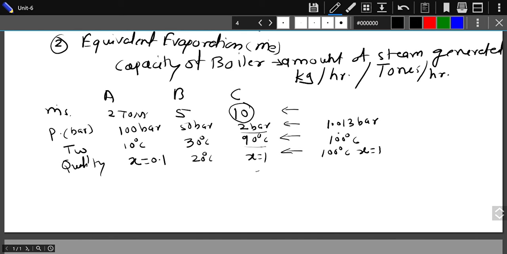If I provide these conditions, then whatever mass of steam is generated by that boiler is called the equivalent evaporation. Are you getting this point?